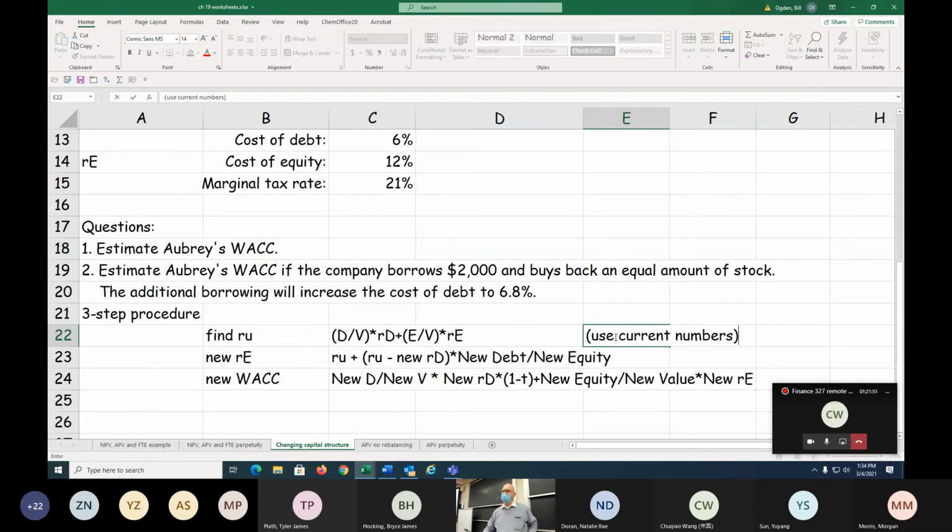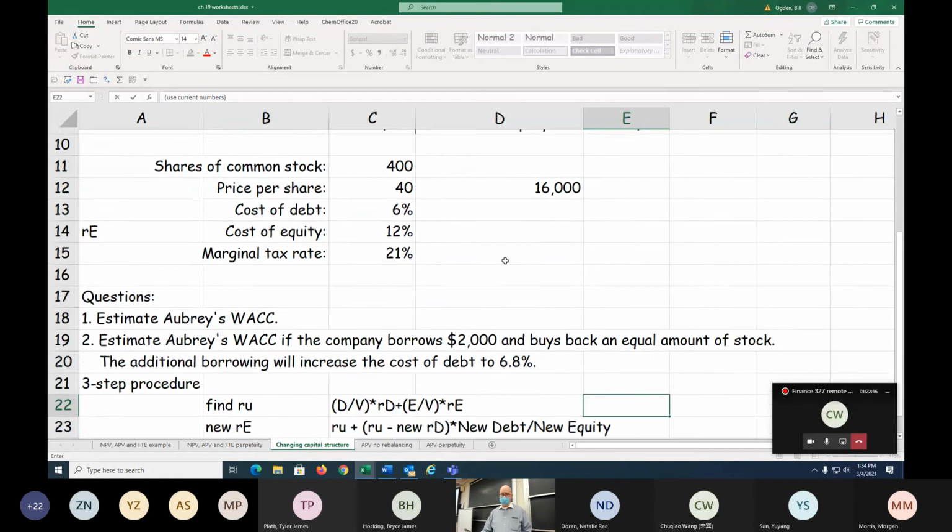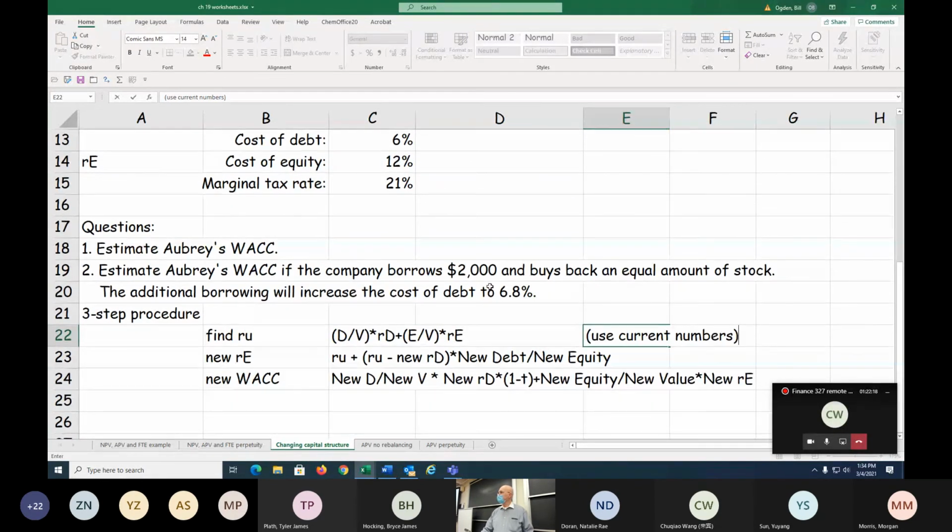Then you go to step 2. You want to find the new RE. Now you take that RU you found in step 1. RU minus, now you want the new RD. It was at 6%, wasn't it? But when they borrowed that additional $2,000, the cost went up to 6.8, didn't it?